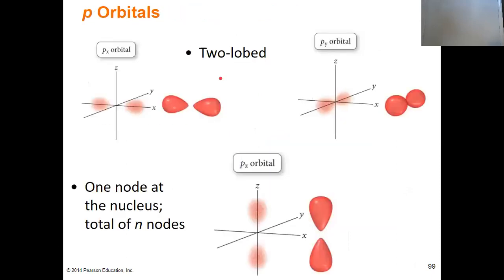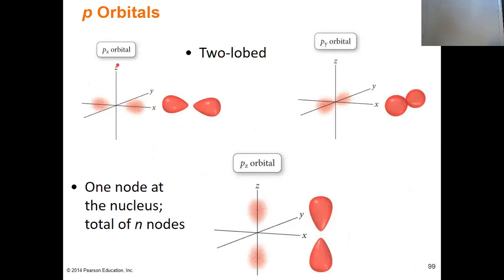Your p orbitals are lobed, like we talked about. They look like those balloons that are tied together, and the node is at the nucleus here. Now there are 3 p orbitals, we saw that. Each orbital looks like a pair of these tied balloons. If you want to think about how they would be oriented, you would imagine one being in the x-axis, one in the y-axis, and one in the z-axis.